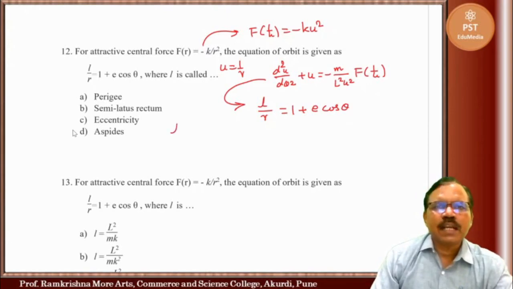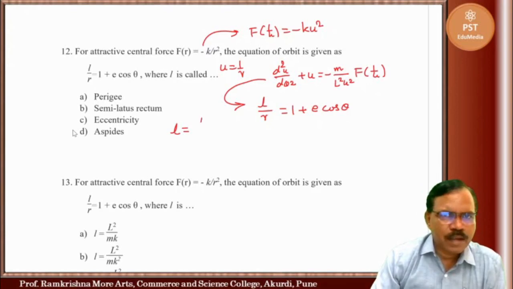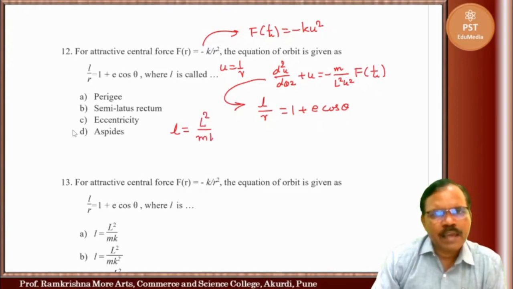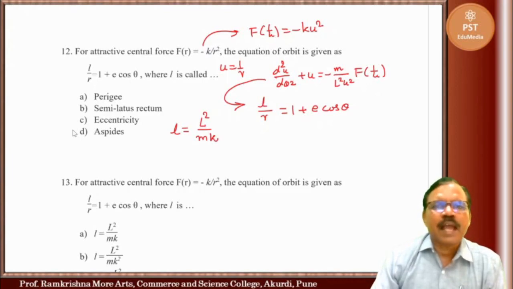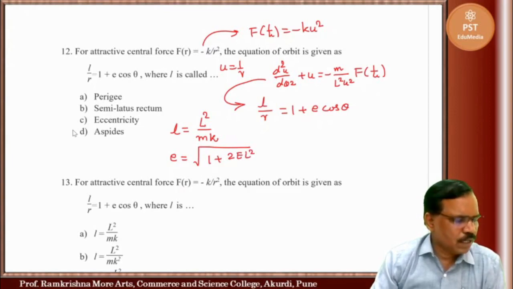Here l is L square upon mk, where L is angular momentum and k is the force constant, and e is equal to root of 1 plus 2E L square upon m k square.